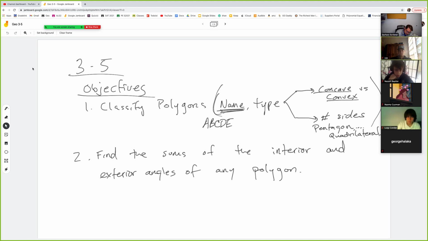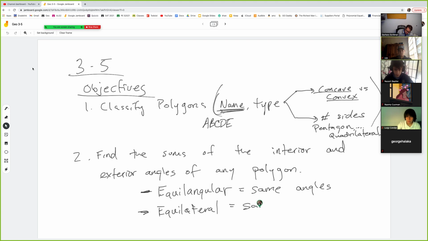Secondly, you've got to be able to find the sums of the interior and exterior angles. Some things that we learned: equiangular, same angles. Equilateral, same side lengths.